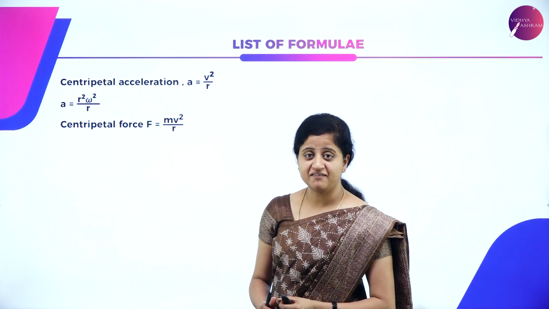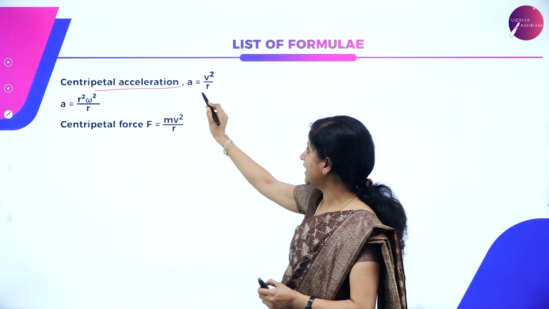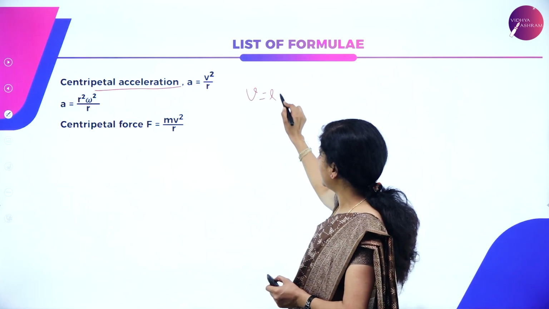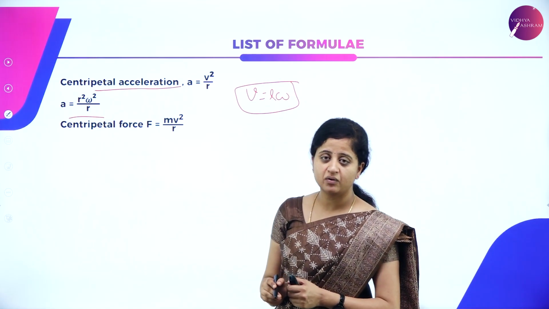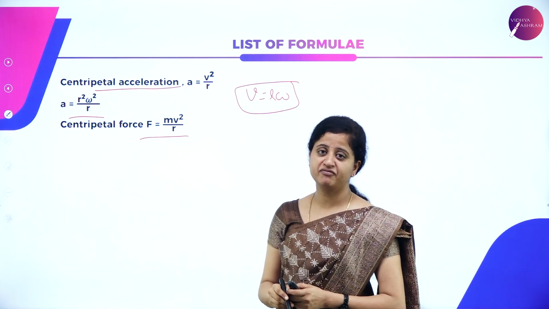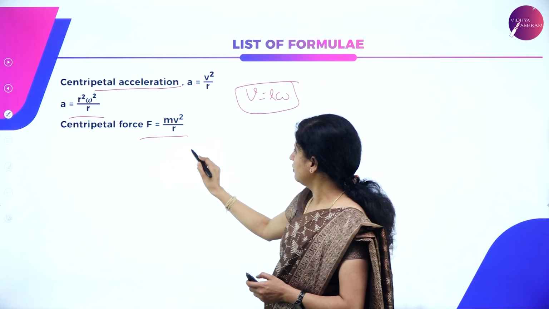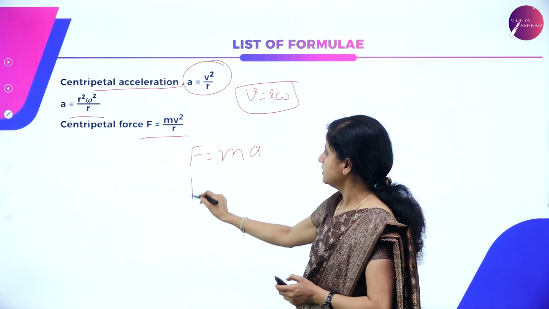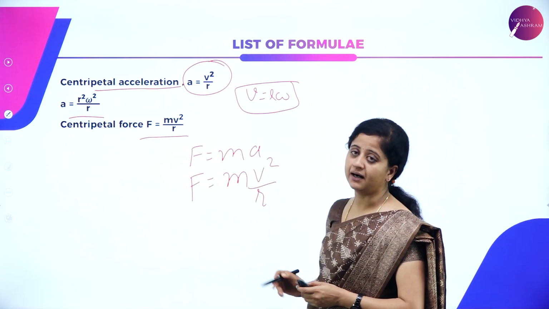We also derived just now the expression for centripetal acceleration, which is given by A is equal to V square divided by R. We know V is equal to R omega. So substituting this, we get A is equal to R square omega square divided by R. And the centripetal force is given by F is equal to mv square divided by R, because we know F is equal to ma and A is nothing but V square by R. So we can write centripetal force as mv square divided by R.